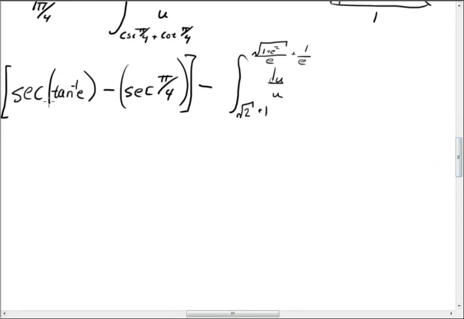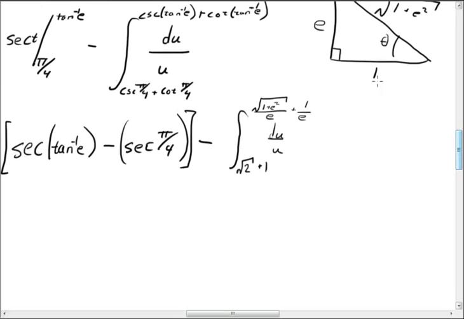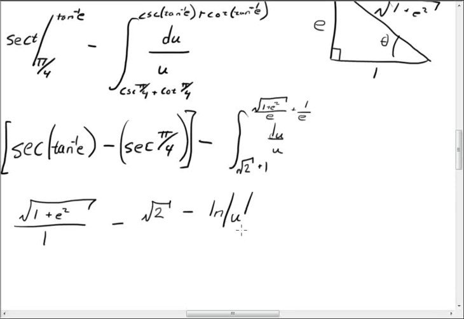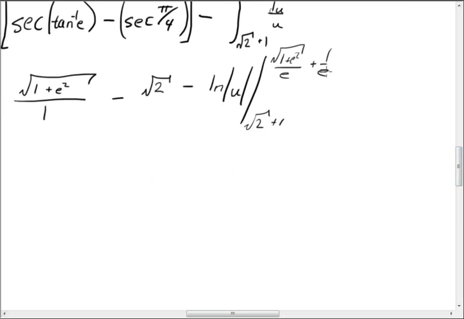So now we get to evaluate this. Secant of tan inverse of e is r over x, so we get square root of 1 plus e squared over 1, minus secant of pi over 4, which is square root 2, minus natural log of u evaluated from square root 2 plus 1 to square root of 1 plus e squared over e plus 1 over e.